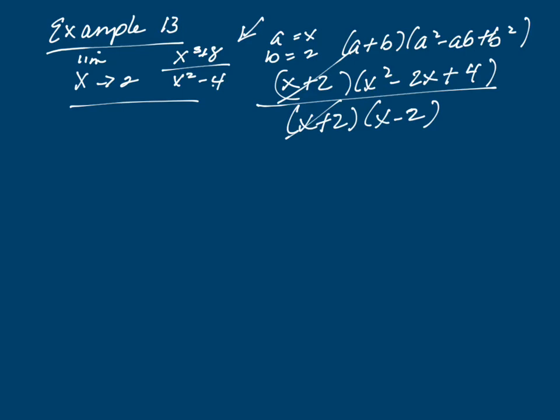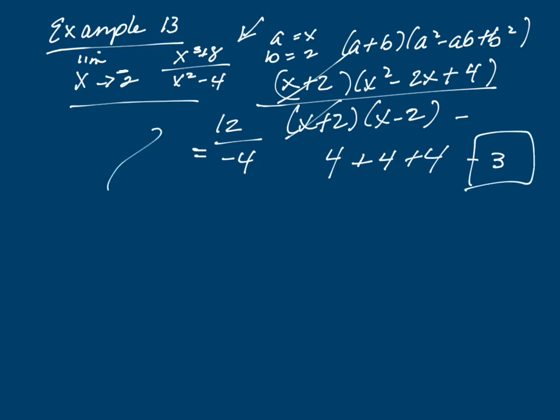Oh, I'm sorry, I wrote this wrong. It's supposed to be negative 2. So negative 2, which is negative 4 on the bottom, and then on the top you would get 4 plus 4 plus 4. So 12 over negative 4, or negative 3.